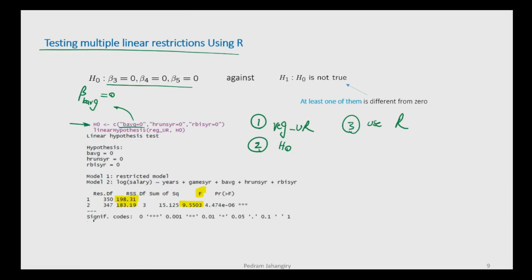Okay, so in these simple steps, this is the output. Let's go over the output and see how we should interpret it. The first number that you need to look into is maybe your F statistic and then the p-value. Do you remember we calculated these numbers manually in the previous slide?